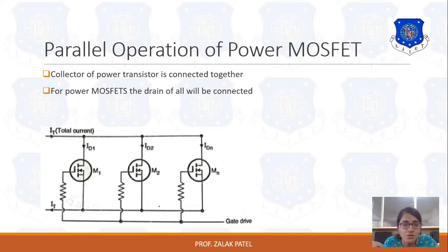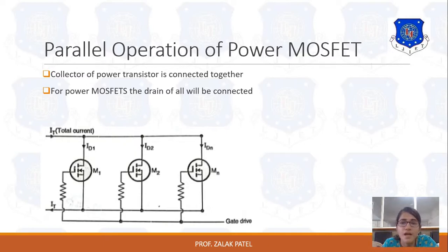Even with all the precautions taken for this parallel connection of power MOSFETs, there is a possibility of current imbalance in the circuit, meaning it is not completely balanced whether or not we take precautions.